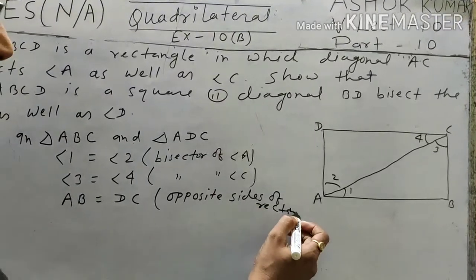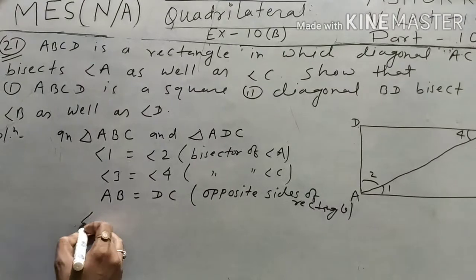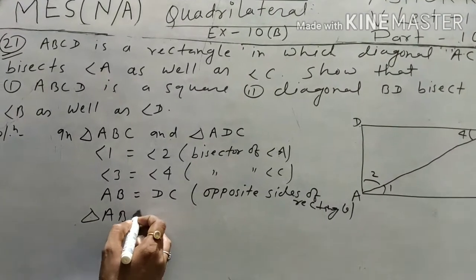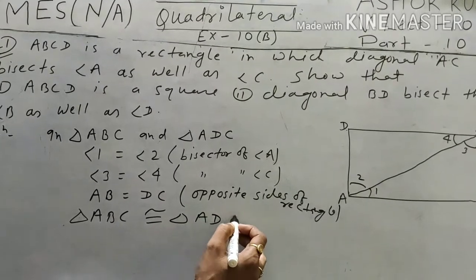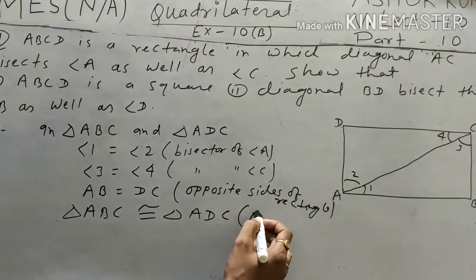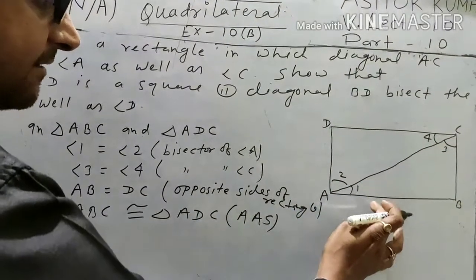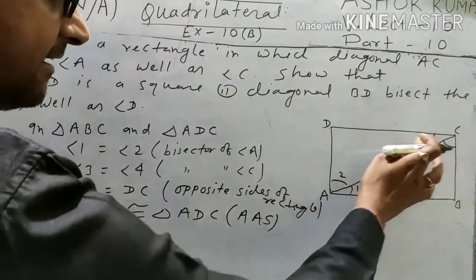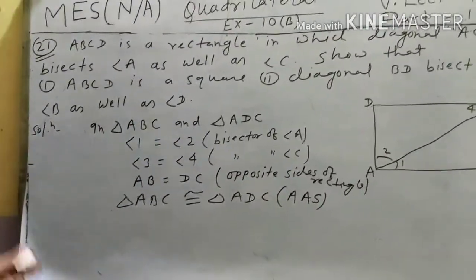We know that opposite sides of a rectangle are equal, so AB is equal to DC. So here triangle ABC is congruent to triangle ADC. The reason is angle side angle. By angle side angle criteria, these two triangles are congruent.